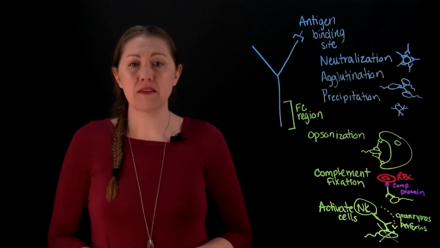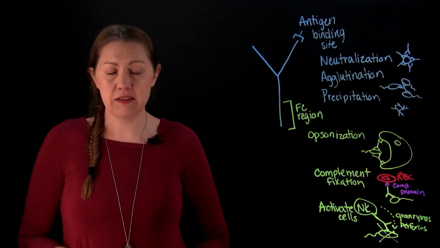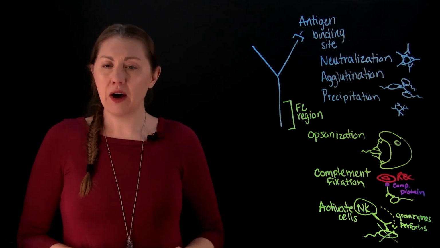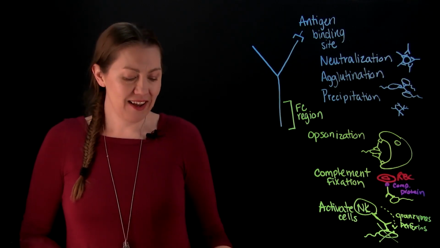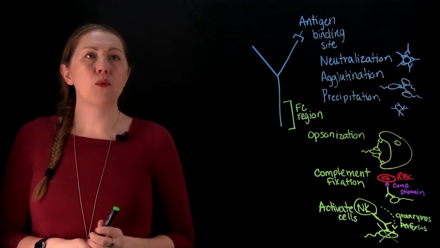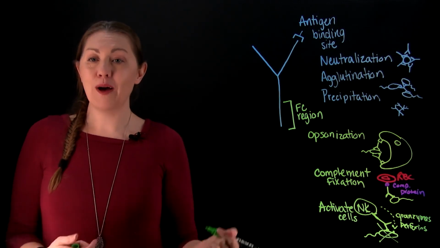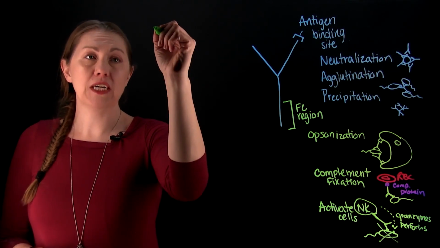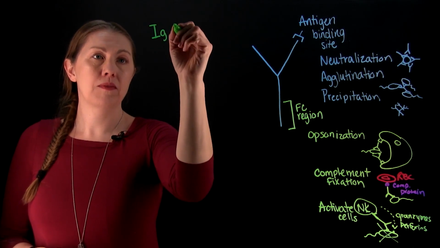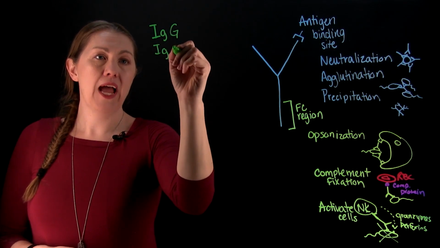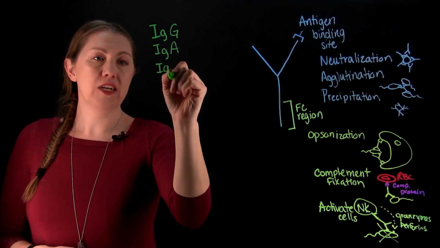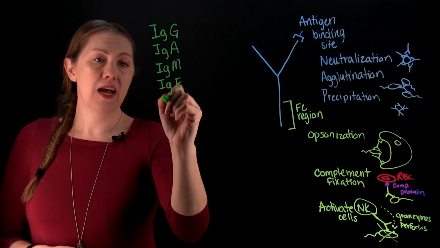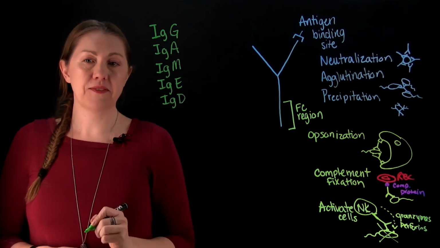Now, there are different ways of classifying them. They don't all look like this. The classifications are more about the variety of shapes that you can get. So let's talk about some options here. With your immunoglobulins, that's the full fancy name of an antibody, we have IgG, IgA, IgM, IgE, IgD.